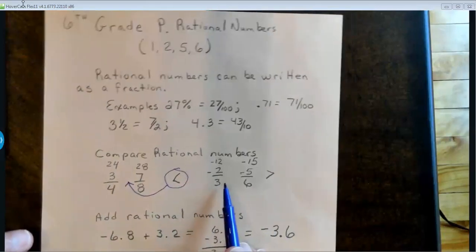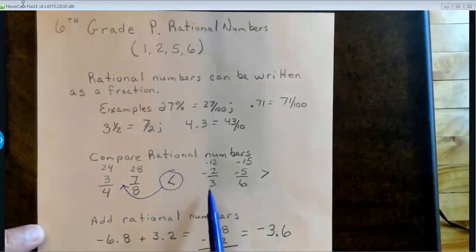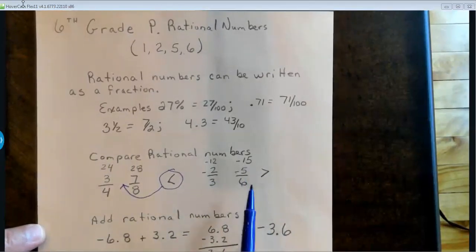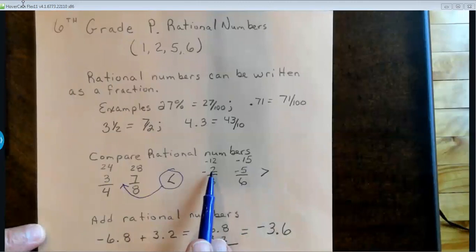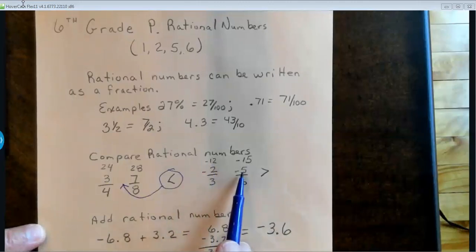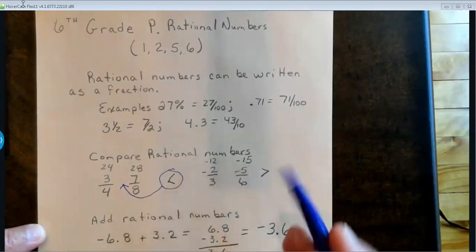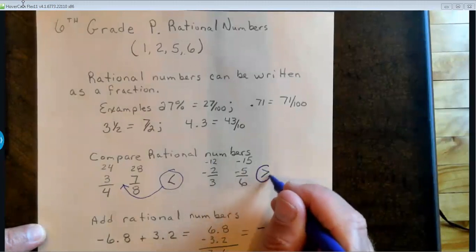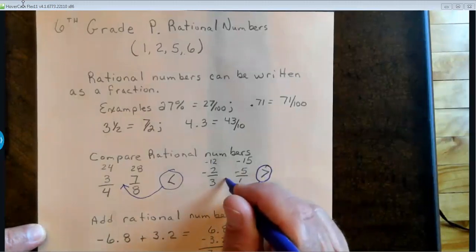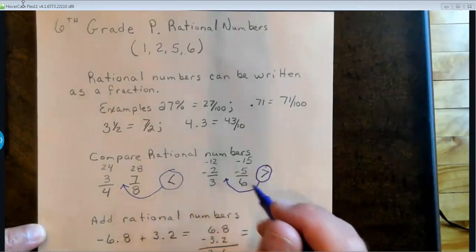Now, when I have negative numbers involved, negative 2/3 and negative 5/6: 6 times negative 2 is negative 12, and 3 times negative 5 is negative 15. Negative 12 is greater than negative 15, so that's the sign that would go in right there.